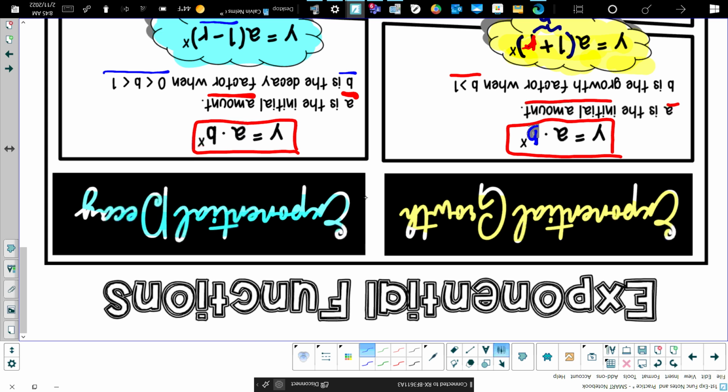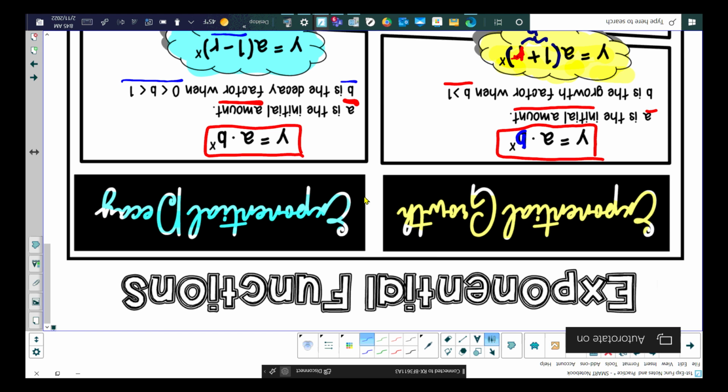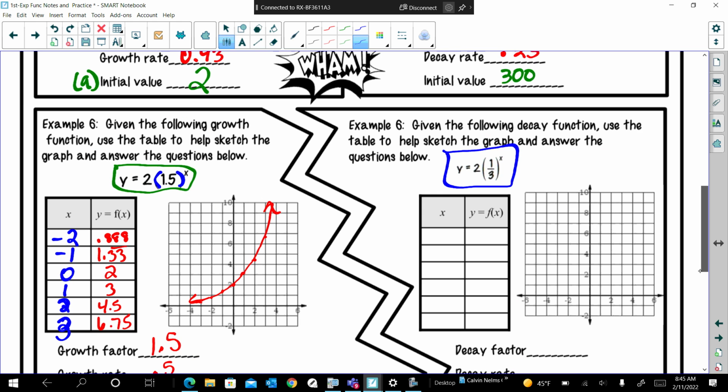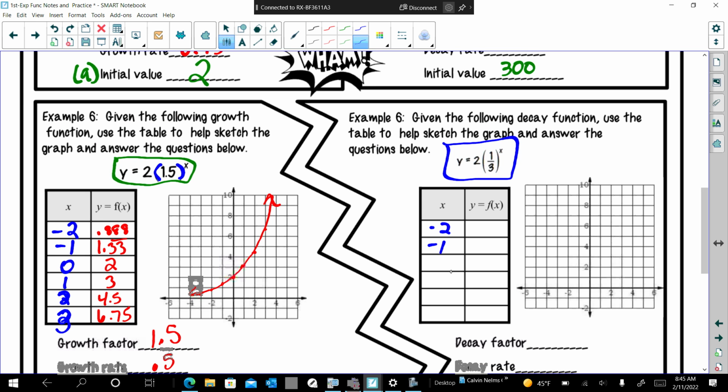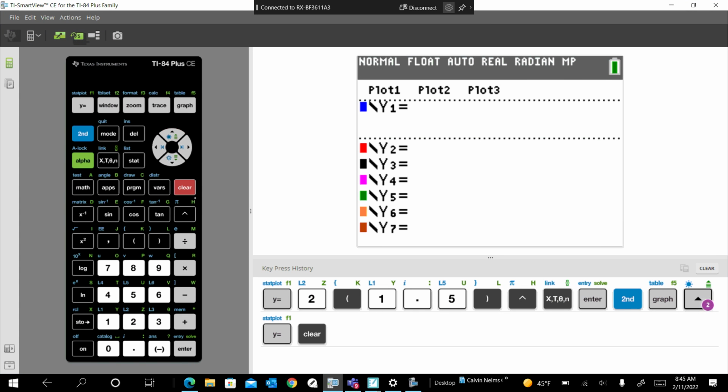Do the same table. We're going to do -2, -1, 0, 1, 2, 3. If you use a fraction in your y equals, you will get fraction answers.